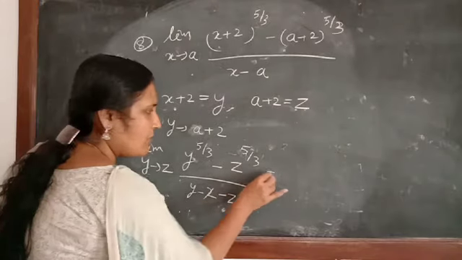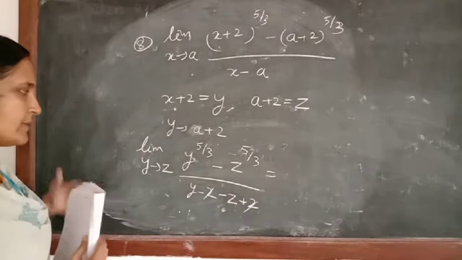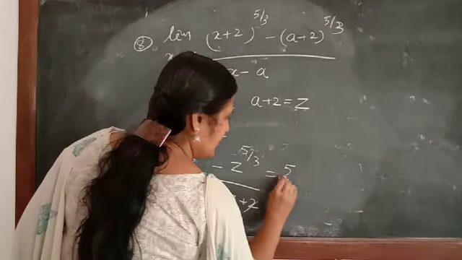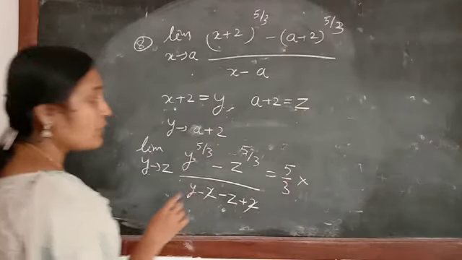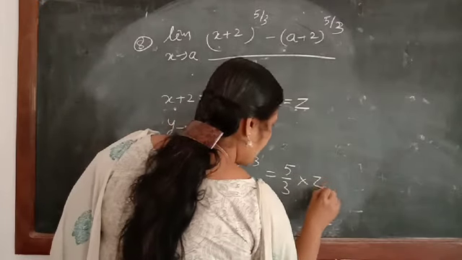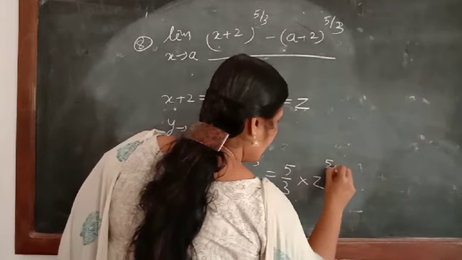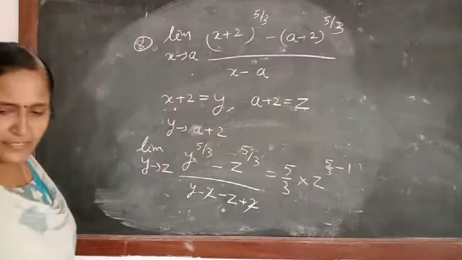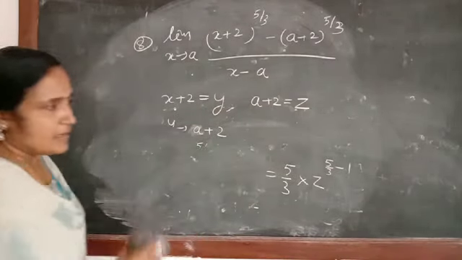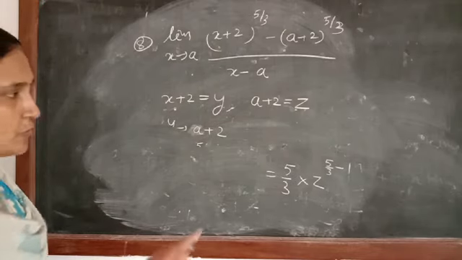So it is in the form of the general form there. In place of n what we have? 5 by 3 into, in place of a what we have here? Z. So it will be equal to z raised to 5 by 3 minus 1. So z raised to 5 by 3 minus 1 will be equal to z raised to 2 by 3.